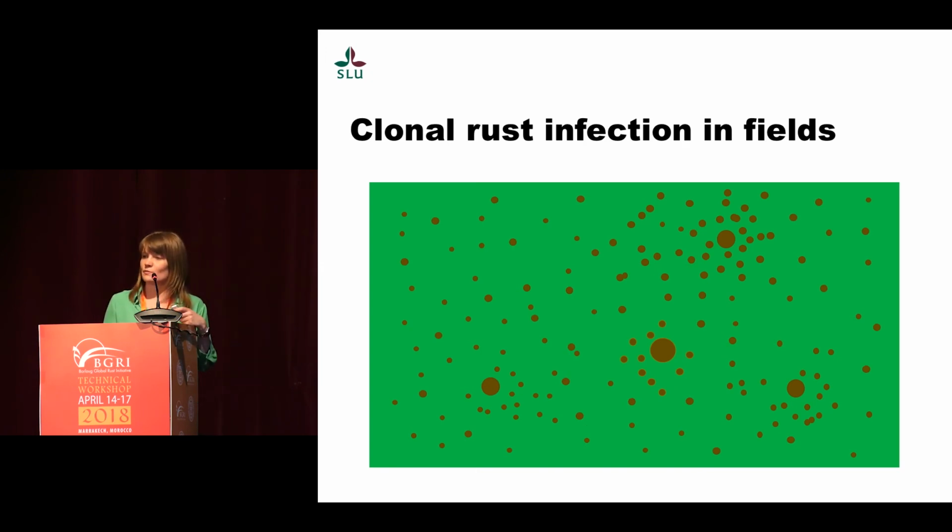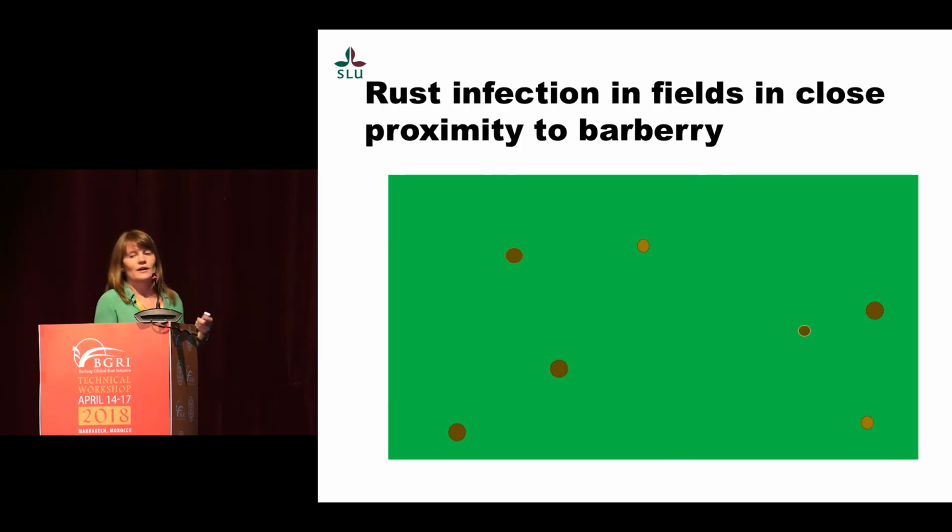But if you have a sexual population, you remember that each aecial horn will produce a new individual. Then at one day, you will have one population deposited on the field. And the next day you will have a different population deposited on the field. The third day you might have a new one, and the fifth, and so forth.